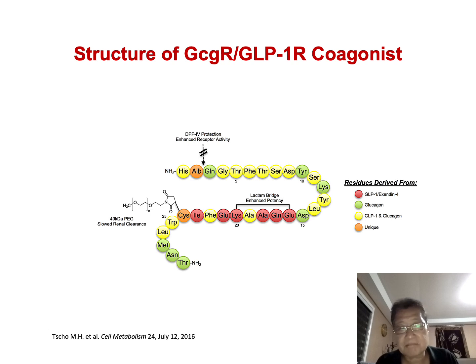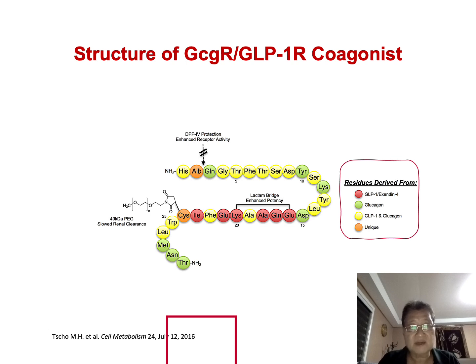This is an example of coagonist structures, the amino acid sequence of a glucagon receptor, GLP-1 receptor coagonist, a hybrid peptide of a mixed glucagon and GLP-1 sequence that was structurally supplemented to prevent proteolysis and delay metabolic clearance. How is this done?